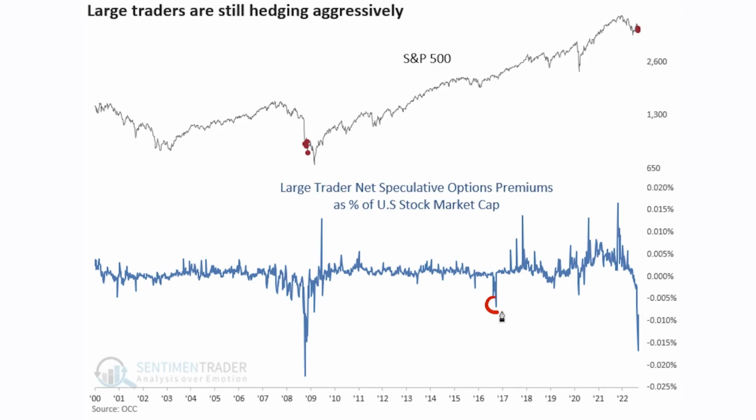Other less extreme readings have also coincided with major market bottoms like 2015 and 2018, and also, of course, the COVID low. But again, there are examples where consensus was right. 2008 here is an example where consensus was right for another few months, where these large traders that hedged were absolutely right about hedging, and it did protect them against another 30% move down in the market.